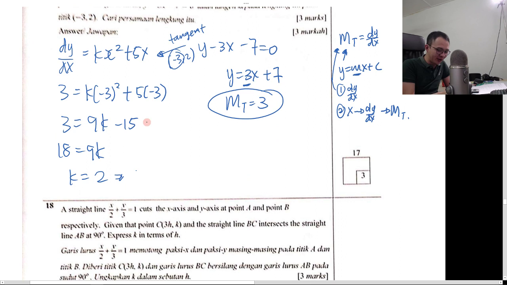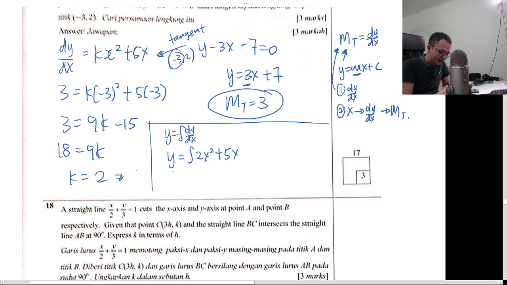So the only way to find the equation of the curve, I say many times, is y equals to integrate dy dx. This is a formula to find the equation of the curve. So therefore, I will integrate dy dx, which is 2x squared plus 5x. If I integrate this, I will have 2x cubed over 3 plus 5x squared over 2 plus c.